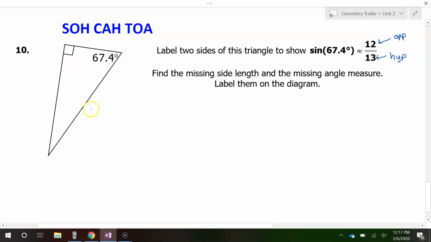So that means this is going to be the hypotenuse right here. Now, opposite and adjacent depend on which angle you're talking about. So circle the angle and draw an arrow across from the angle, and that will tell you the opposite leg. The other leg is adjacent.